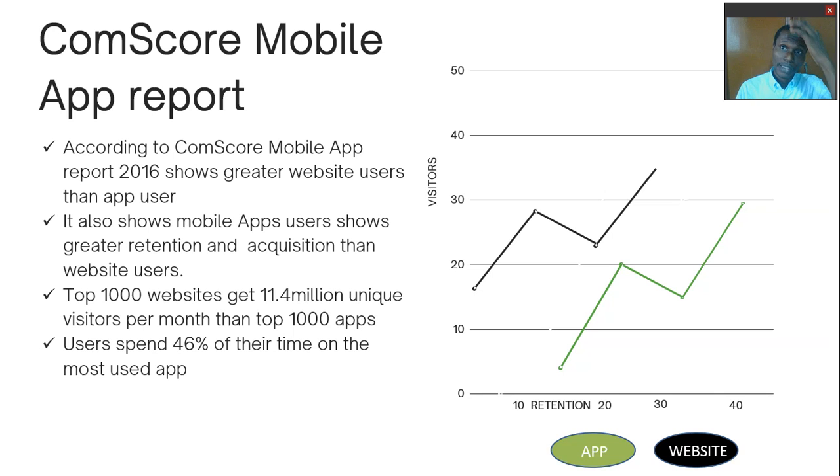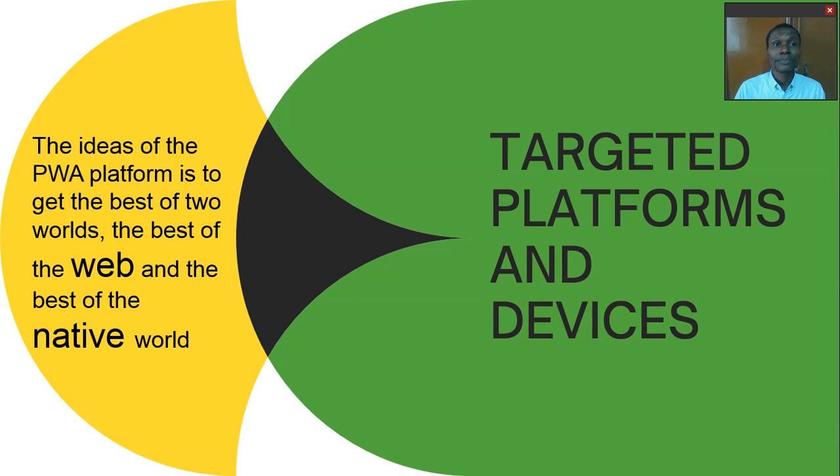Also, 46% of users' time is spent on mobile apps, and that tells you the engagement mobile apps give. It's almost half of the time spent on the most used mobile apps. You can tell how many minutes you spend on Facebook, Twitter, Instagram, just from your phone, all put together. You know the ease you derive from such.